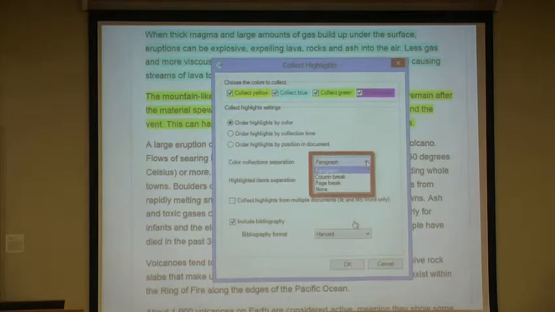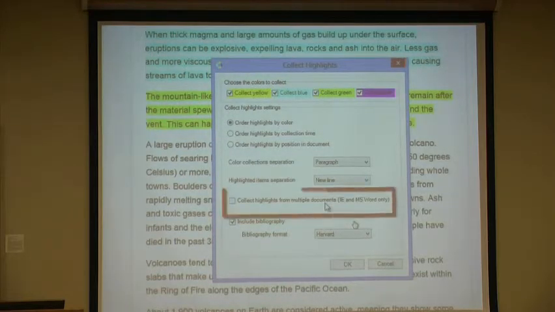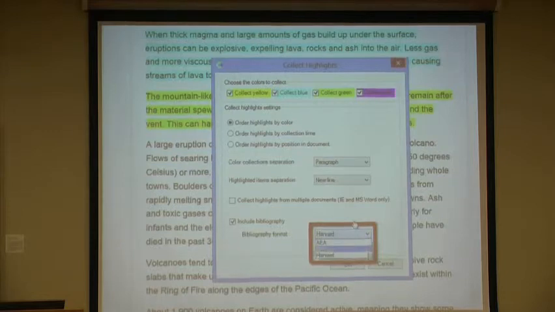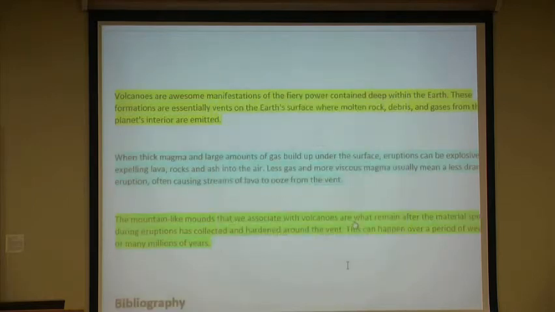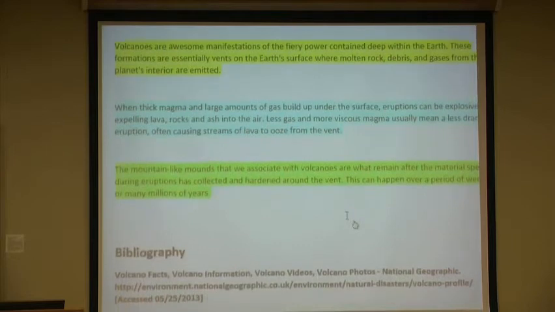You can set how the highlighted text is separated. If you wish to collect highlights from multiple documents, have this switched on. And you can choose to include the bibliography and its format here. When you click on OK, the requested highlighted text will be placed into a separate Word document.